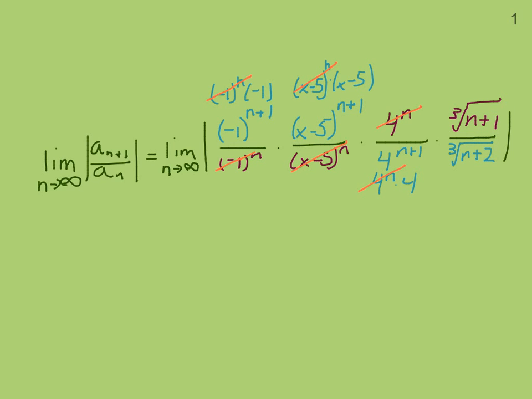Leaving us with a negative 1, and x minus 5, a 4, and this last limit here is simply just going to go to 1.